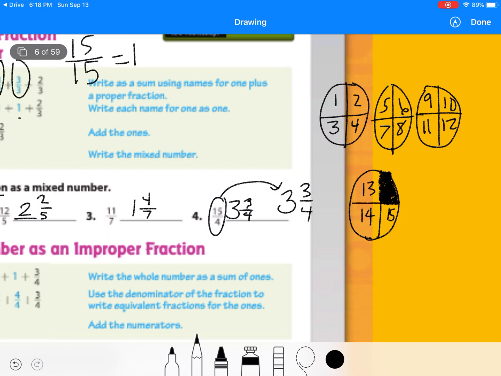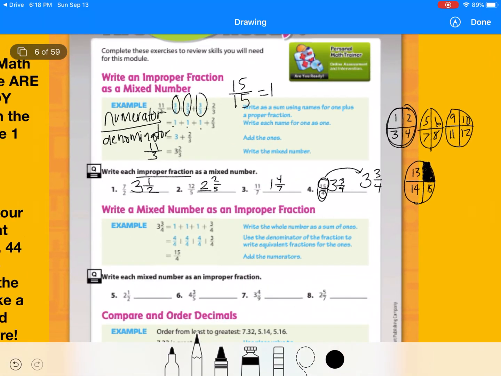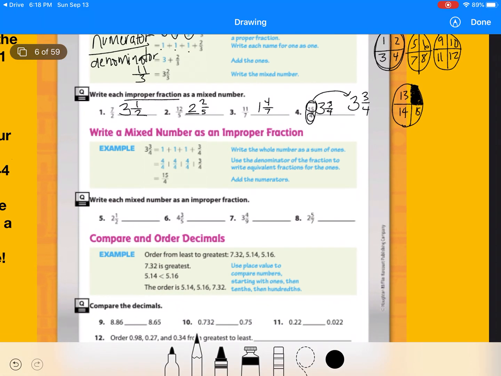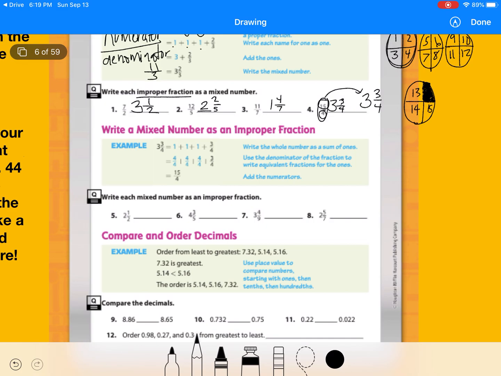There are 15 pieces, all right? So the number on top is the part, and the number on bottom is the whole. So when you see I have 4 pieces in this circle, that's the whole circle. That's a whole number right there. So 15/4 means there's 15 parts, okay? And every 4 parts is 1 whole. That might still be confusing, but hopefully I have helped you out a little bit. Hopefully that makes some sense.